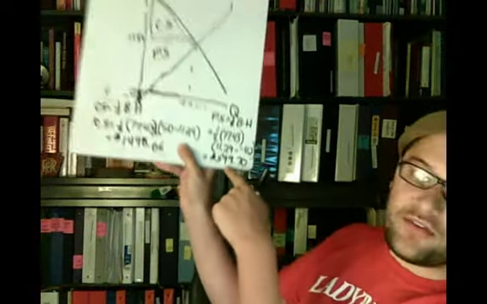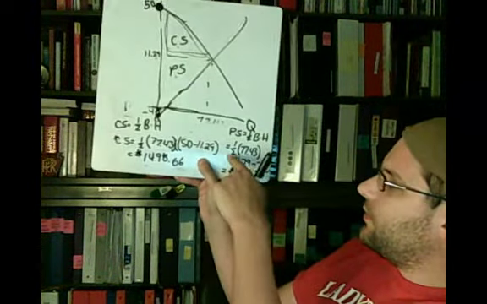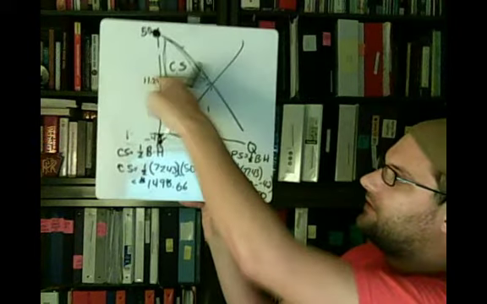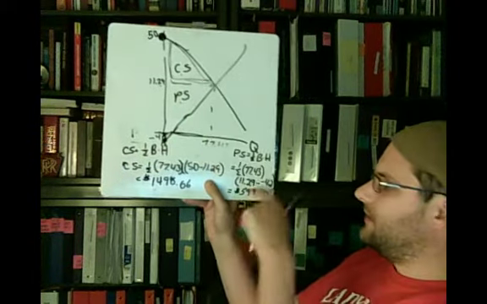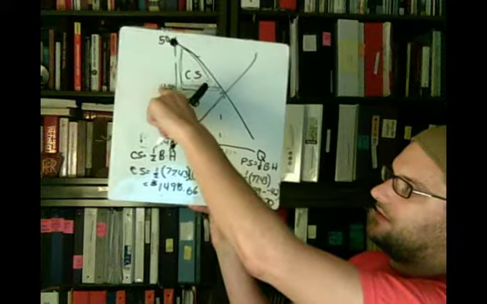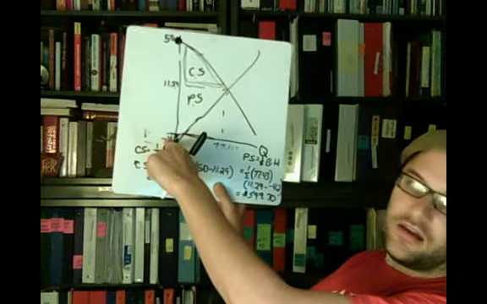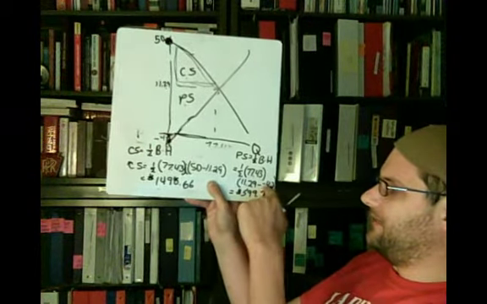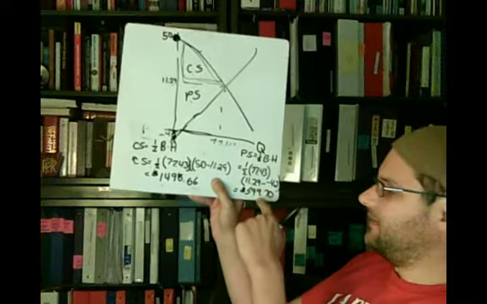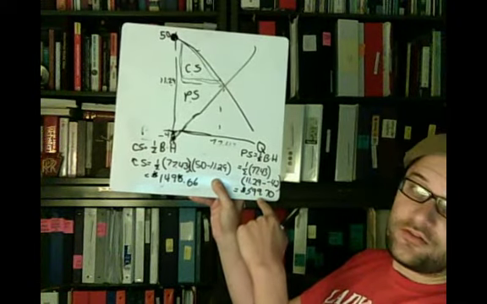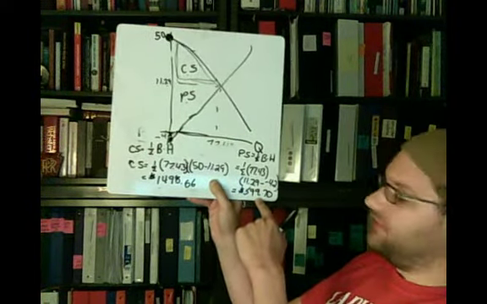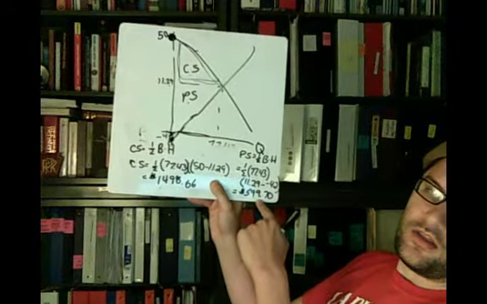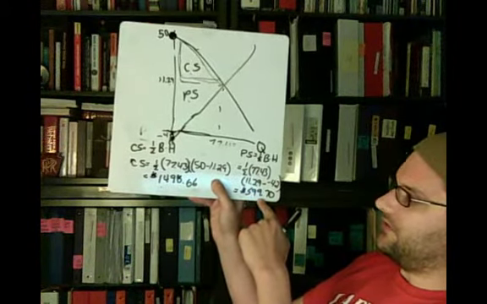I get 599.70. So I did 1/2 base, 77.43, times the height of the triangle, which would be the difference between 11.29 and negative 4.2. Minus a negative, so it becomes a positive. Producers received almost $600 more than the minimum amount they would have been willing to receive. Okay, so that's the consumer and producer surplus under equilibrium.